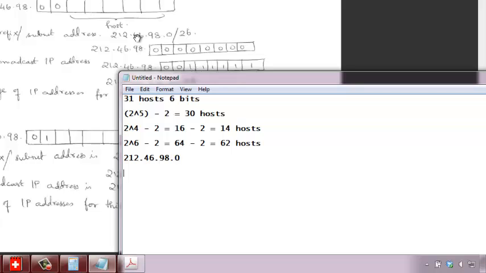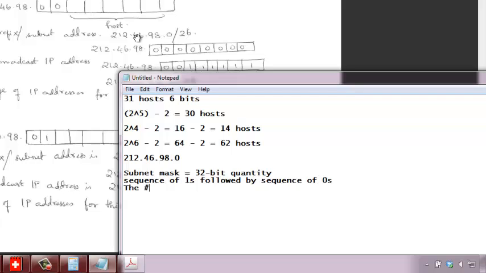So that leads us to introduce a term called subnet mask. A subnet mask is a 32-bit quantity. It's a sequence of ones followed by a sequence of zeros.